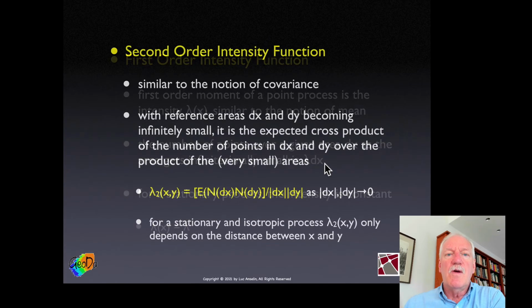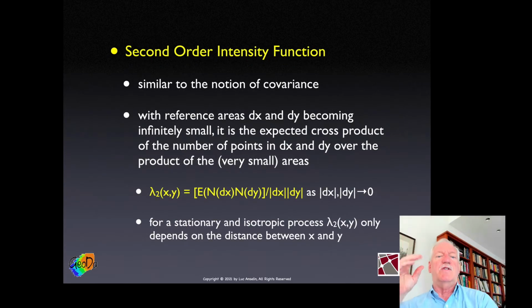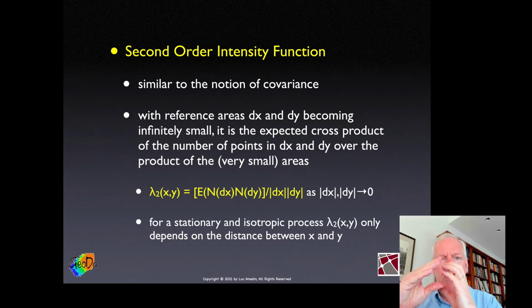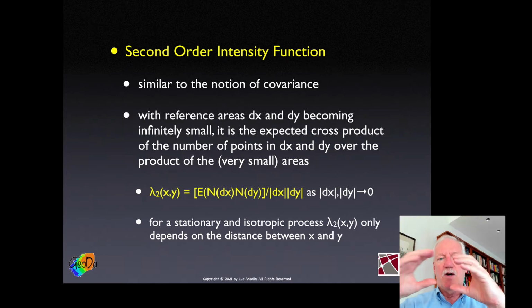Okay, keeping this analogy, so we were thinking about intensity as a first order moment, or the mean counterpart for a spatial point process, by thinking about how many points would be on average in an area that becomes smaller and smaller. Now, for second order intensity, we have two areas, dx and dy, that are a given distance apart.